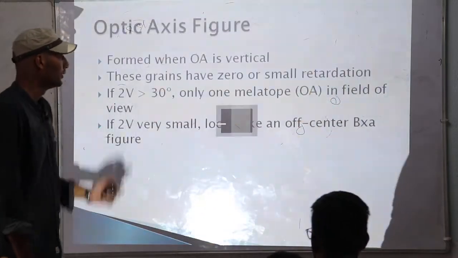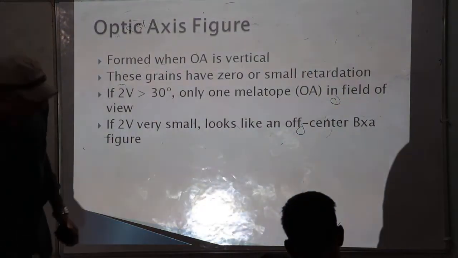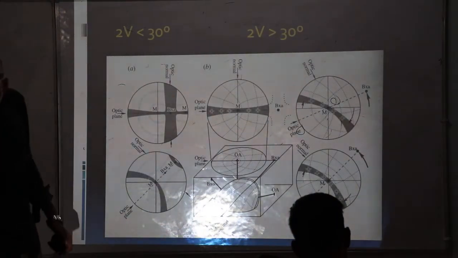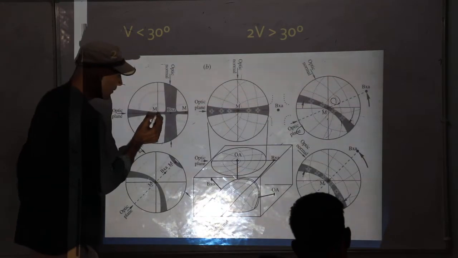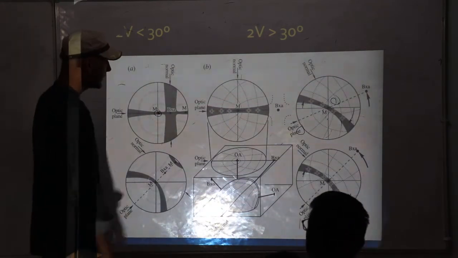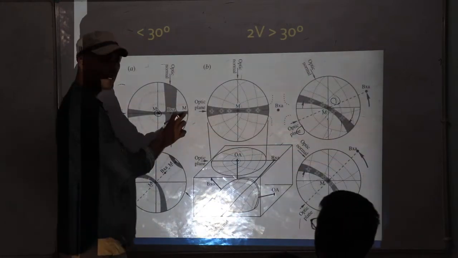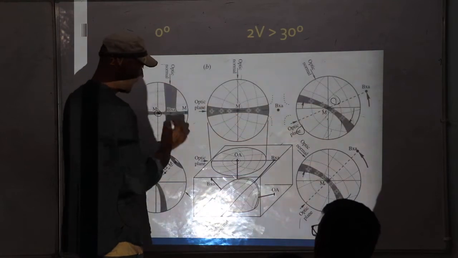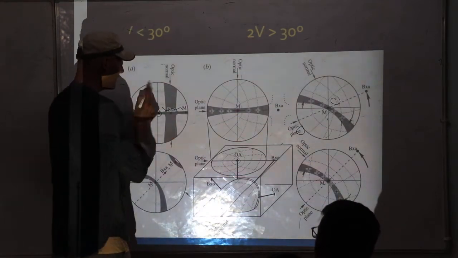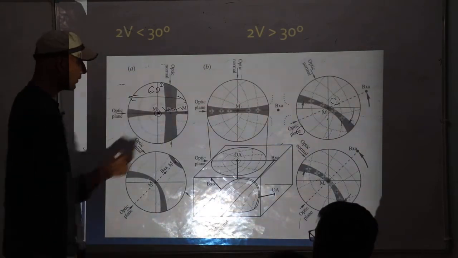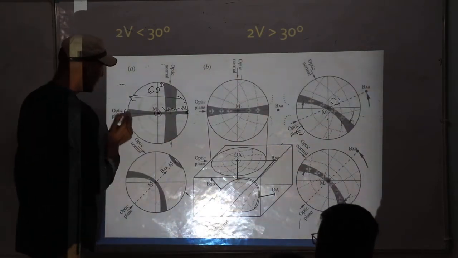Right? Then talking about the optic axis figure, what happens? One of the optic axes is at the center. You can see one of the melatopes at the center. The next melatope can be within the field of view depending on the angle. I have told you the total angle is 60 degrees, so in the acute bisectrix figure you find one melatope here.